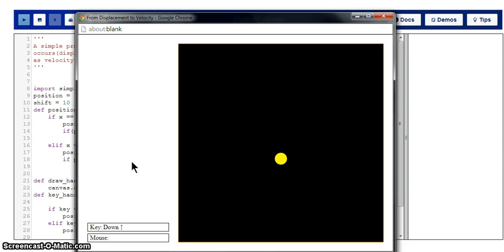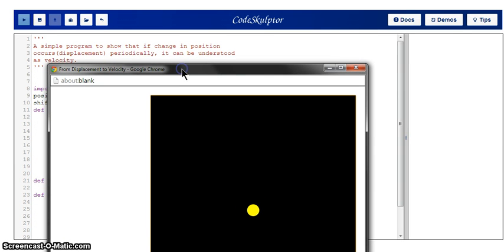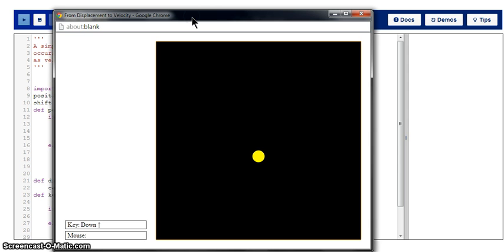Well, the motive of this program is to show that if I periodically change the position of a body, it can be looked upon as velocity. So if I periodically change the position of this yellow circle, this can be looked upon as a velocity, a moving car, a moving ball.